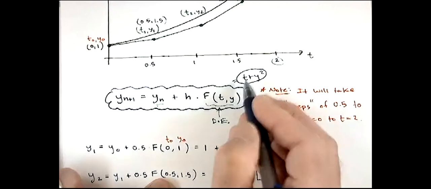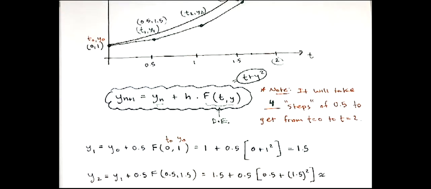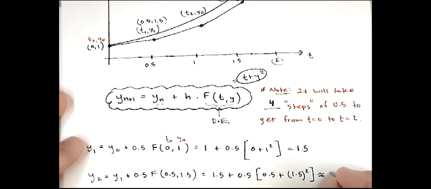And then my equation is t plus y squared. So it'd be 0.5 plus 1.5 squared. Yeah, at this point, this is not a reasonable quiz or test question because I don't think you'd be expected to do that without a calculator. So let me just show you the numbers. I already worked this out. This comes out to be 2.875.